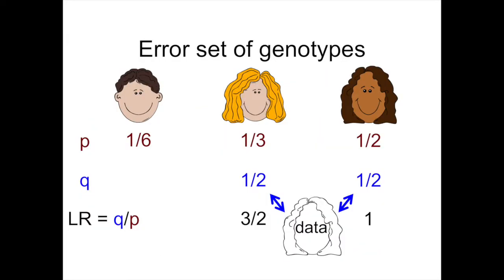So you just replaced cars with genotypes. There's maybe only 1 billion cars, but we know there's a trillion genotypes with the new kits. And all the math goes through. You start off with prior probabilities, shown in brown, little p, of what the priors would be on each genetic type.